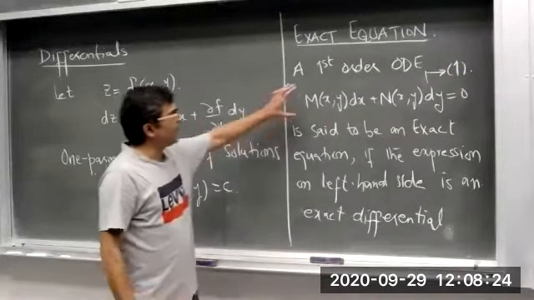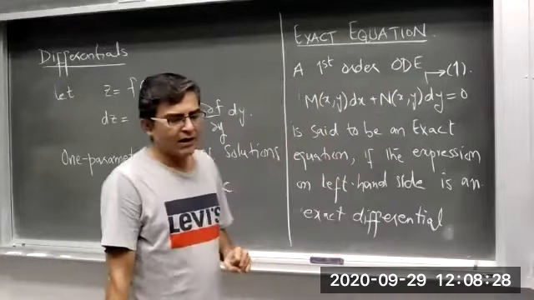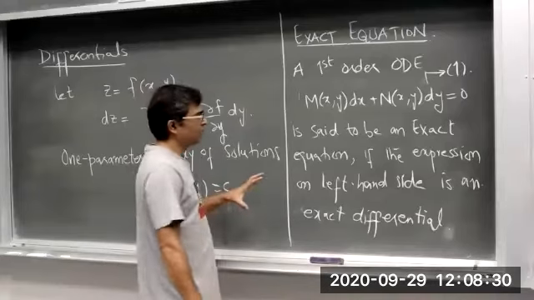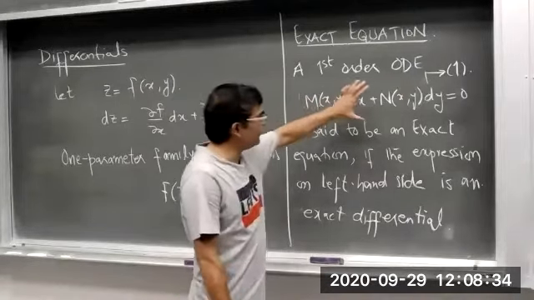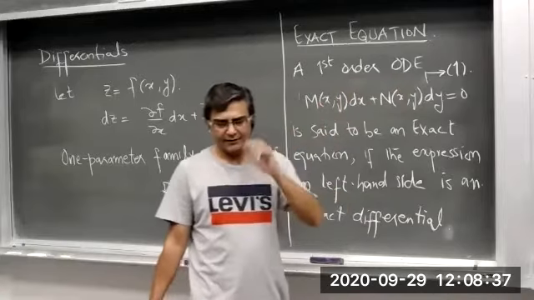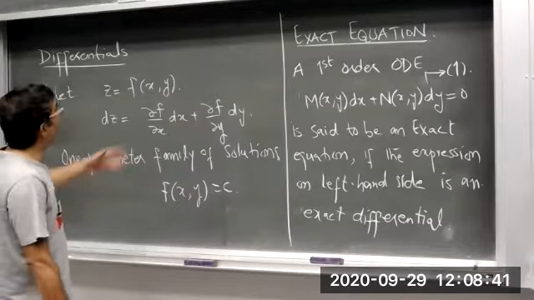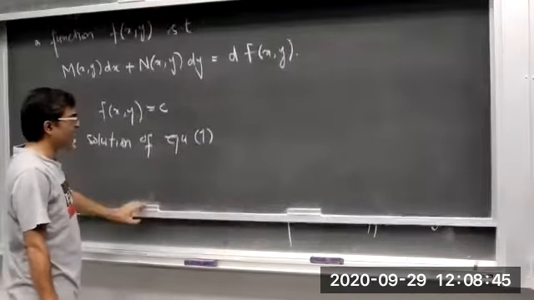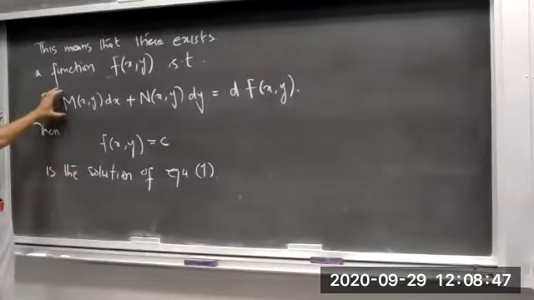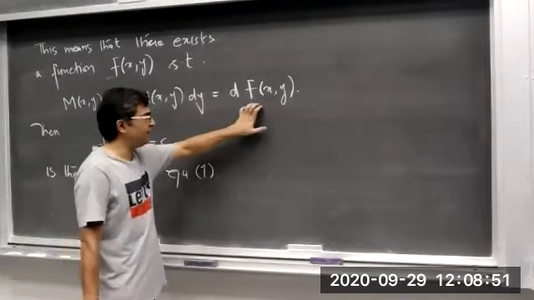Okay, this kind of equation is called an exact equation if the expression on the left hand side is an exact differential. Exact differential means that there exists some function f of x y such that this left hand side expression of equation 1 is the exact differential of this thing.